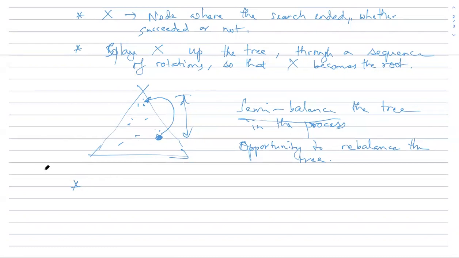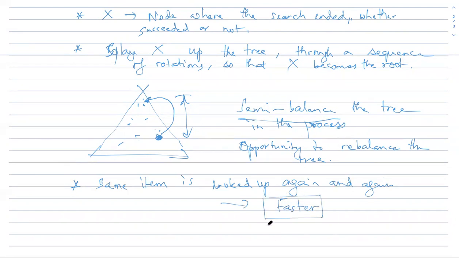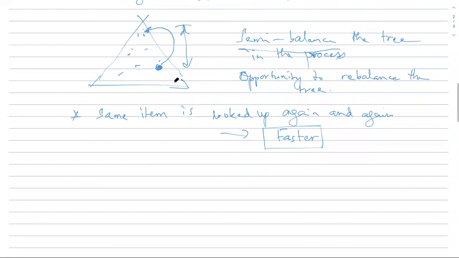So when the same item is looked up again and again, this heuristic is going to make it really go faster, because you are bringing that node with multiple rotations to the root level, and therefore when you look it up again, it's going to be super fast.